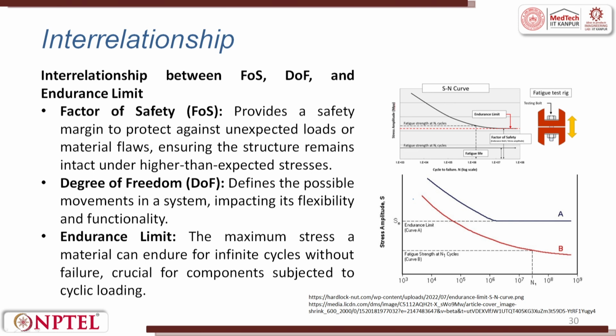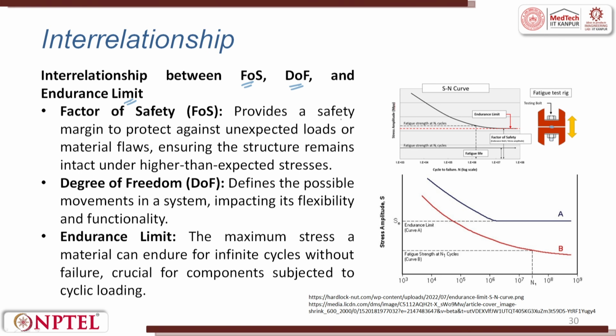What is the interrelationship between factor of safety, degrees of freedom and endurance limit? When you have a fatigue test rig, you load it. These are the two jaws and a component is placed here, and now you apply cyclic loading.